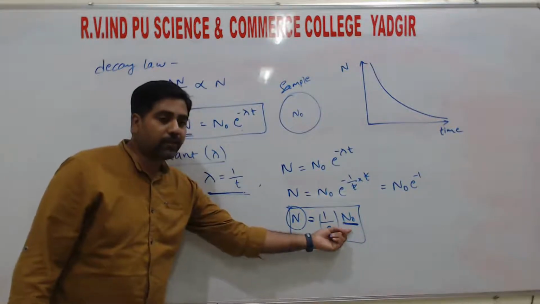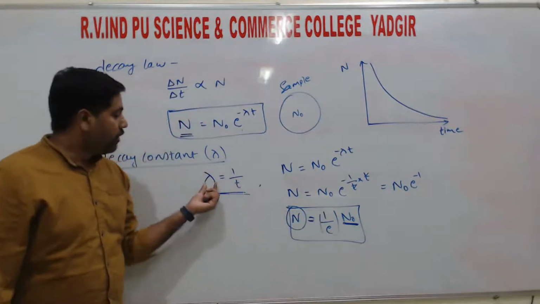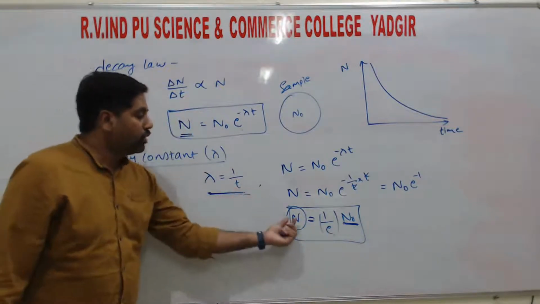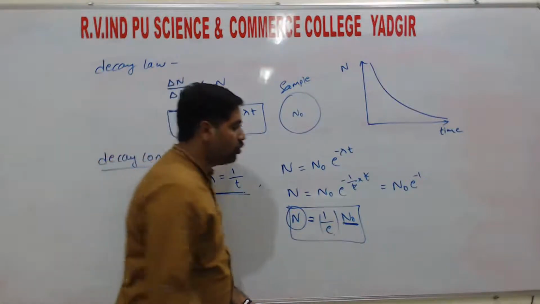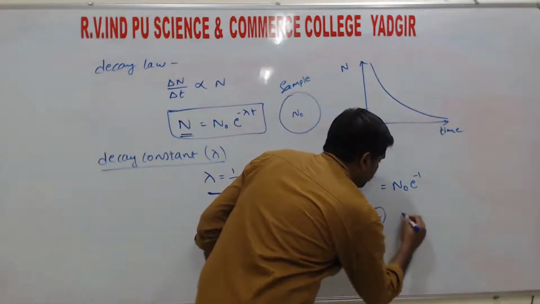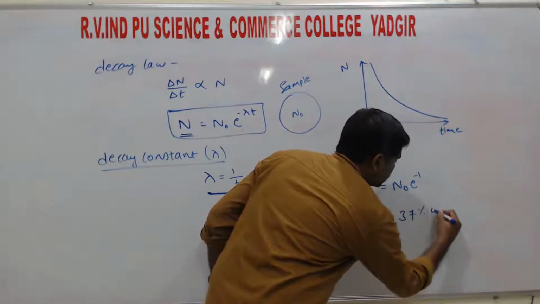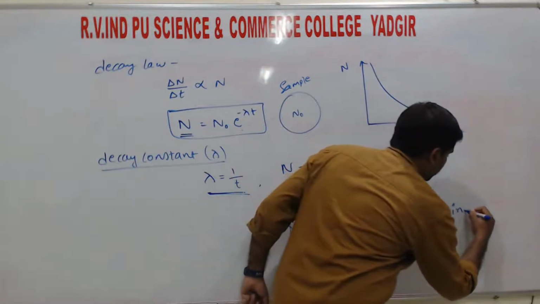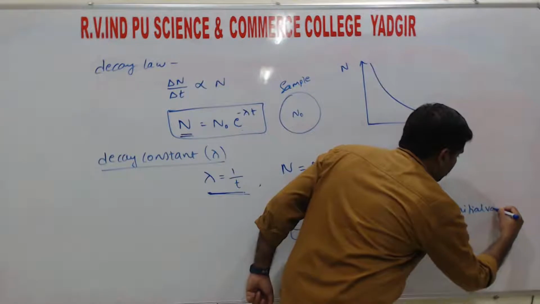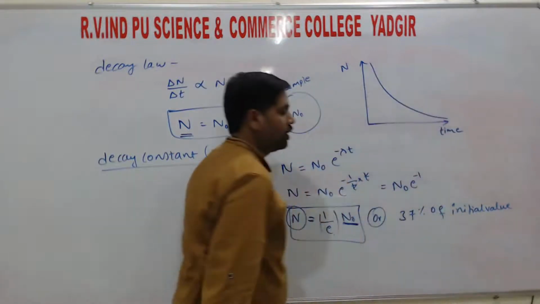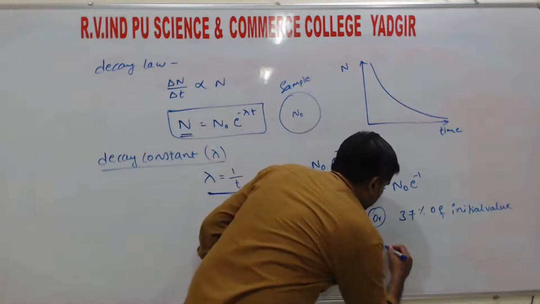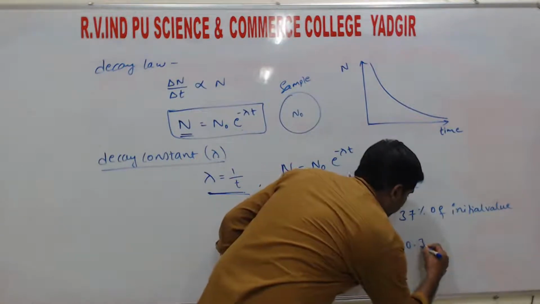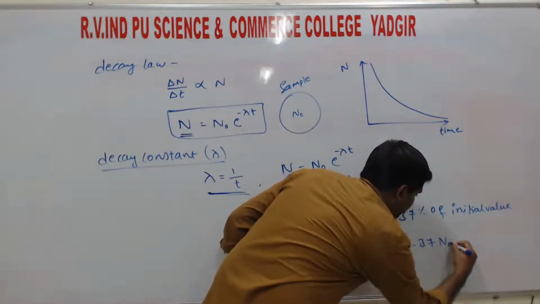So when lambda is equal to 1 by t, the n value reduces to 1 by e times of its initial value, or 37% of the initial value, right? If we simplify 1 by e, we get n is equal to 0.37 n naught.